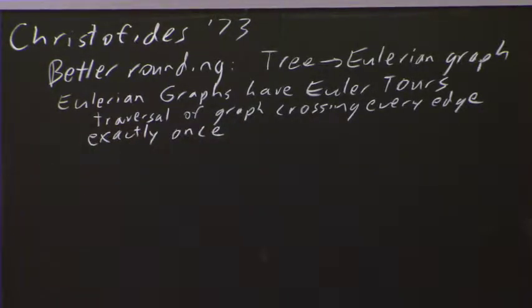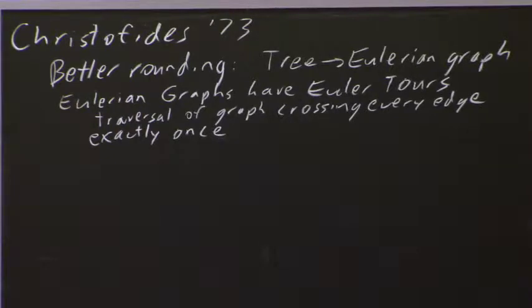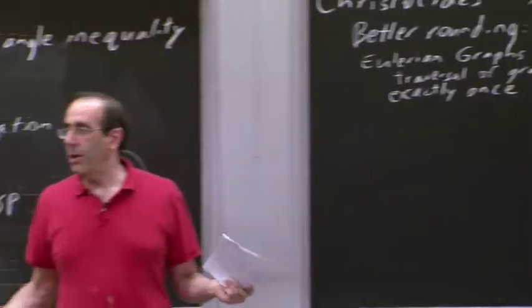Okay? And this is appealing, right? If we could take that minimum spanning tree and traverse every edge only once, then we wouldn't cost twice as much as the TSP. We'd cost less than the TSP. Right? Why can't we traverse every edge of the minimum spanning tree only once?